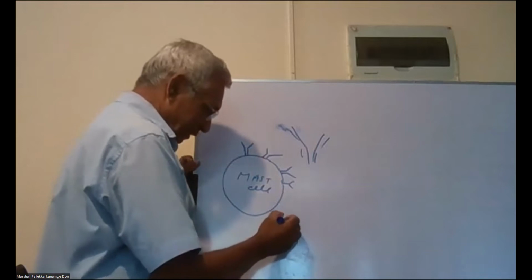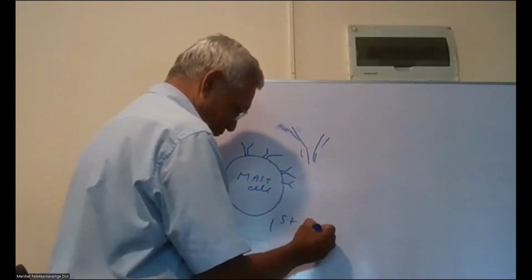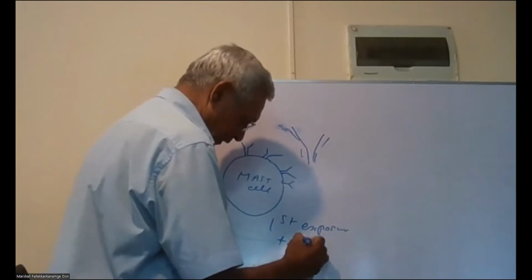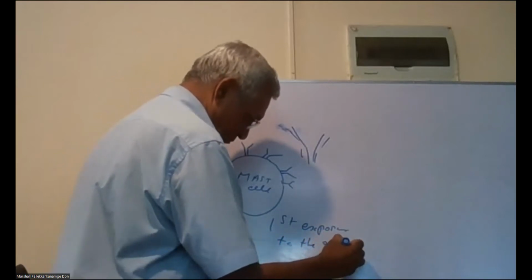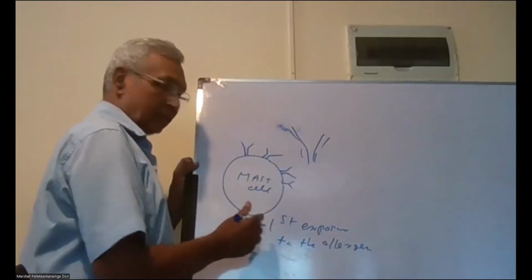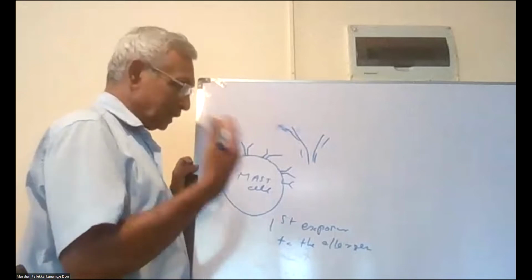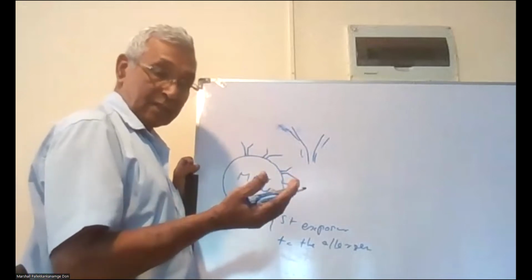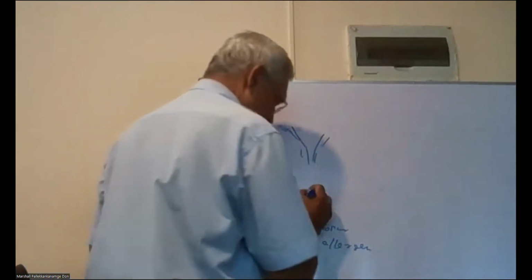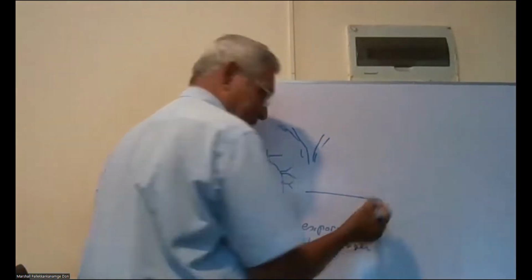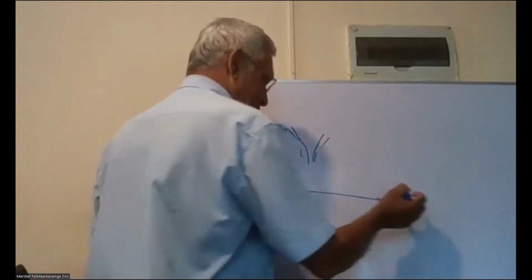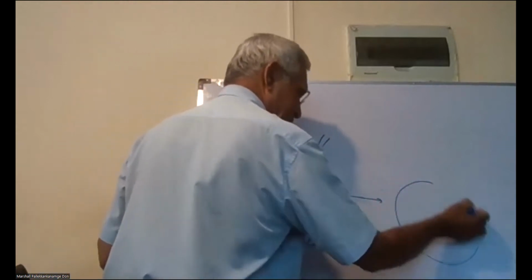So this is the first exposure to the allergen. Nothing happens to the patient. Second exposure, say after another 1 week, 2 weeks, or 1 month, even after 2 months, the mast cell is here.